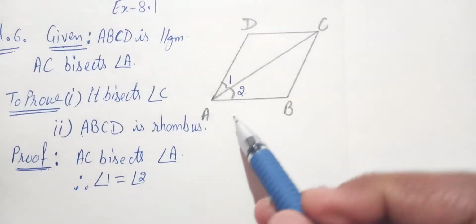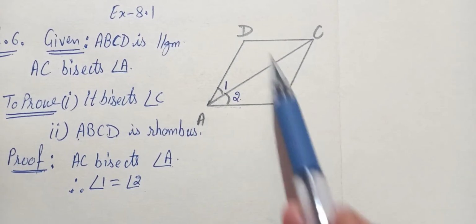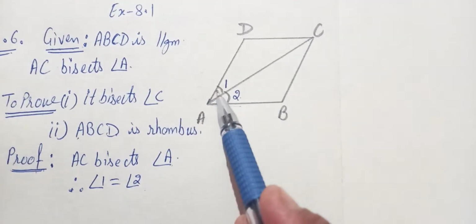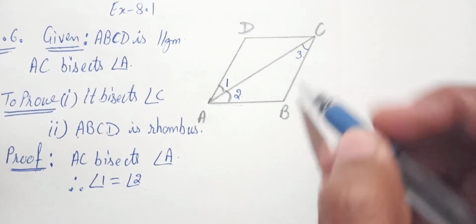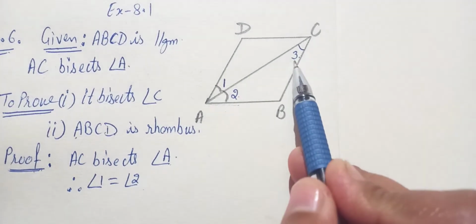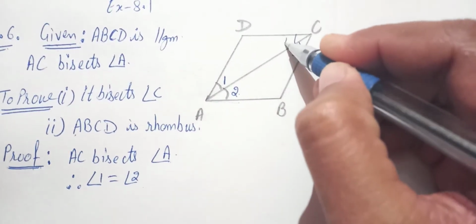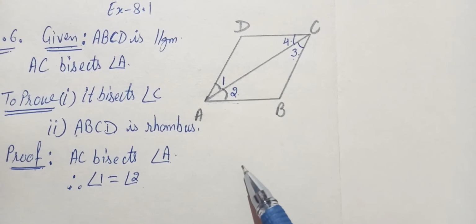Also, you know that ABCD is a parallelogram. So AB is parallel to DC and AC is the transversal. If I mark here angle 3, then angle 1 becomes equal to angle 3, and also angle 2 becomes equal to angle 4. They are pairs of alternate interior angles.